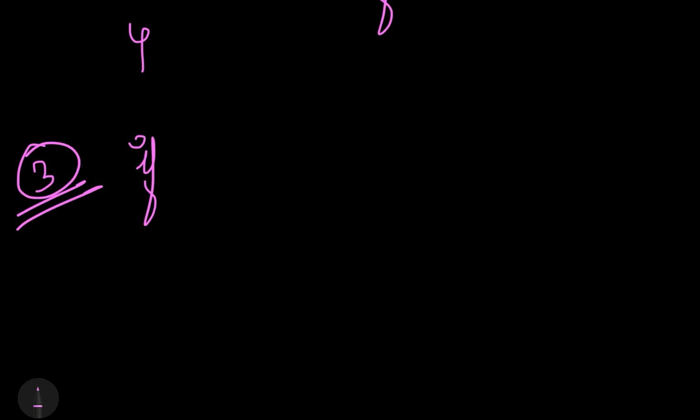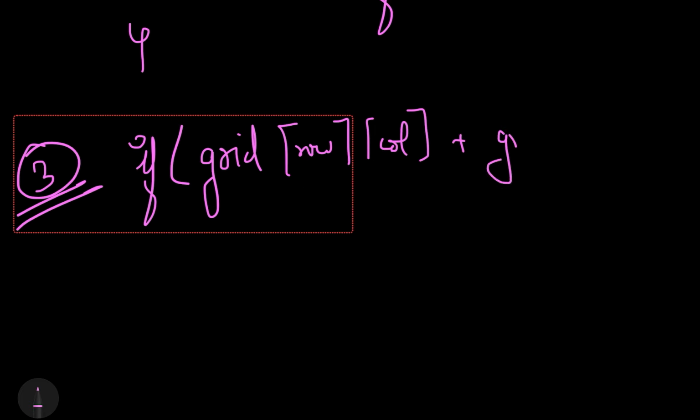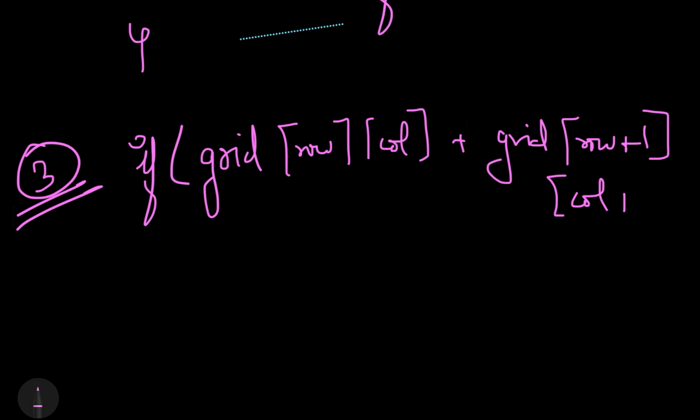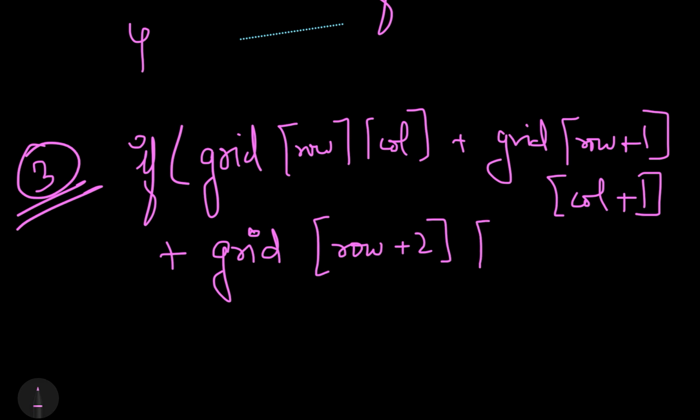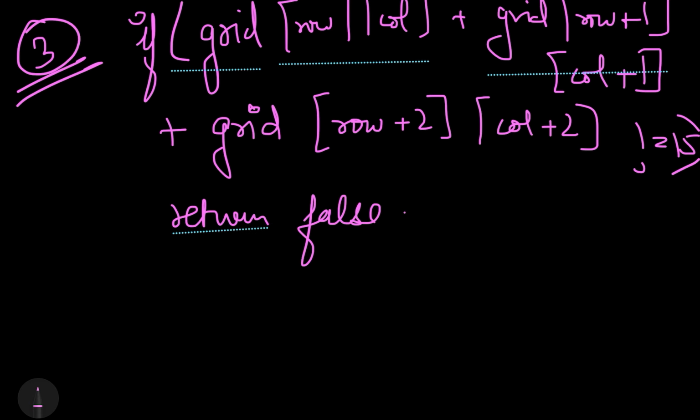So let's take the diagonal sum, which is grid of row and column plus grid of row plus 1, column plus 1 plus grid of row plus 2 and column plus 2 not equal to 15. We have checked that the sum will always be 15. So if it is not 15, we'll simply return false. This is for our main diagonal.